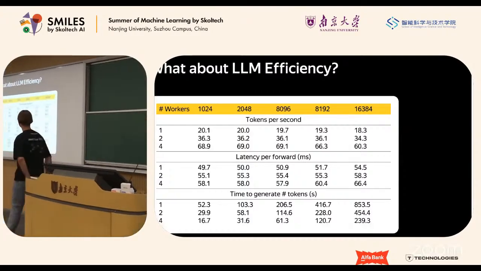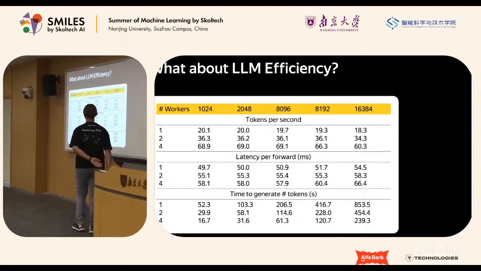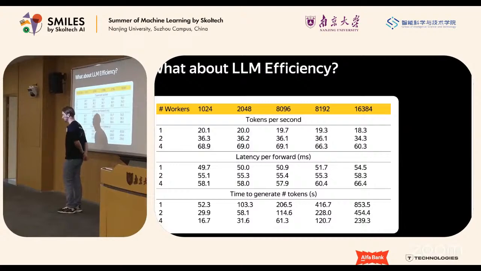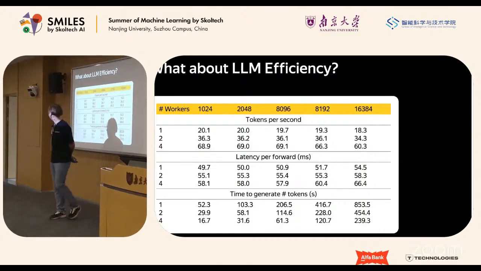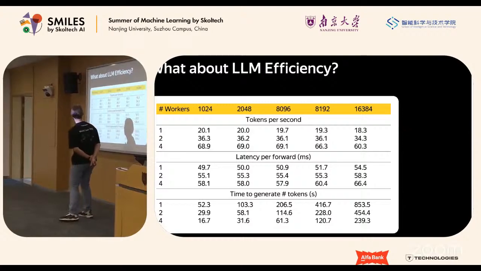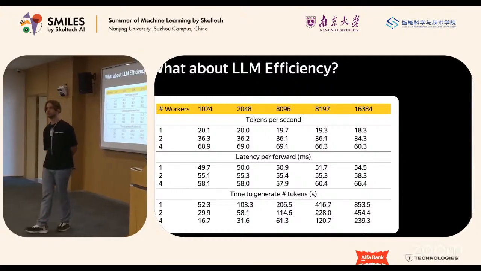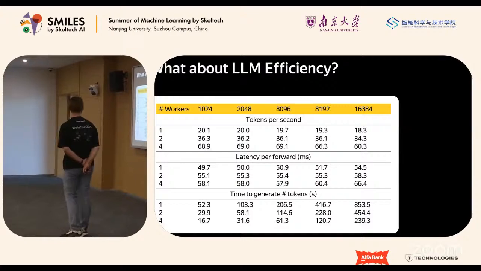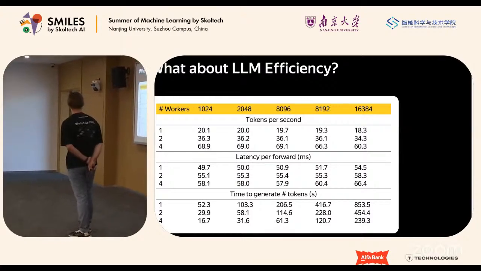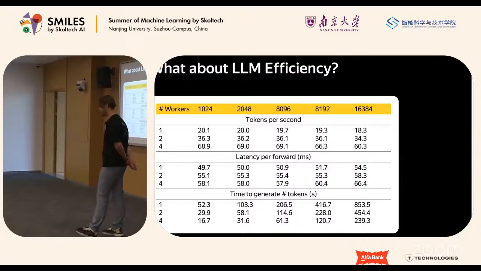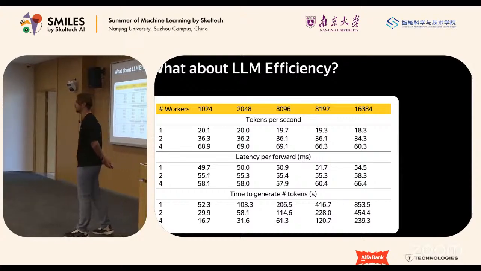You can see that, for example, tokens per second is almost twice for 2 workers, and around 3 and a half times for the 4 workers scenario. So it's not inefficient, and it's close to giving 2 times more throughput with this setup, while providing collaborativeness between the workers.